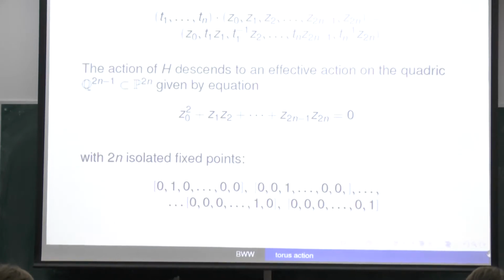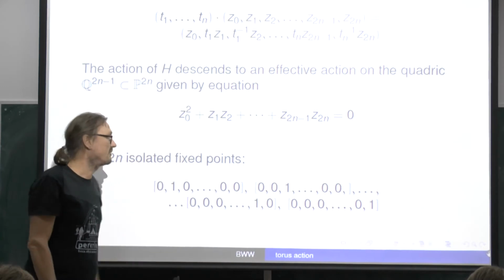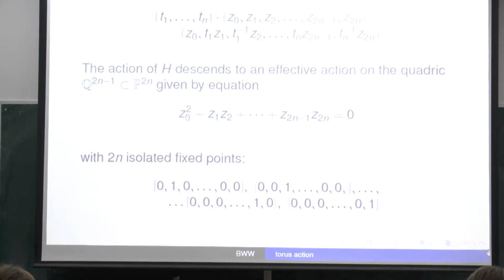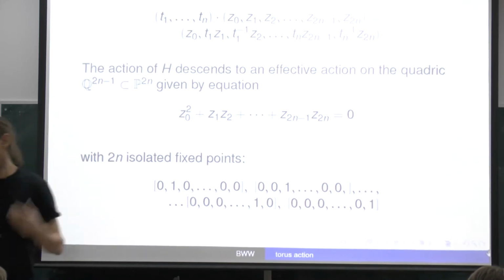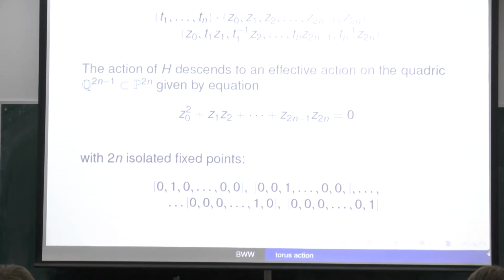Okay, the next two are easy. So the equation of the quadric is preserved and the fixed point set on the projective space, there are two n of them. Okay, everybody knows it. How does it look from my point of view?